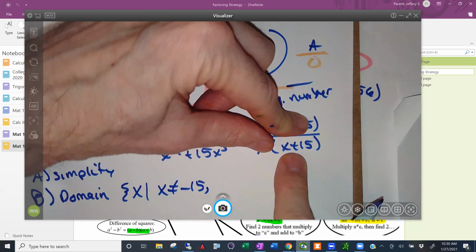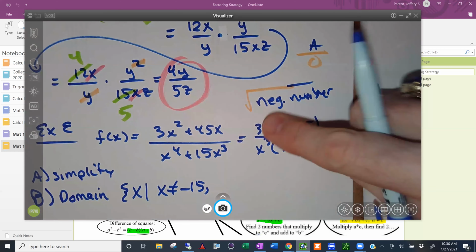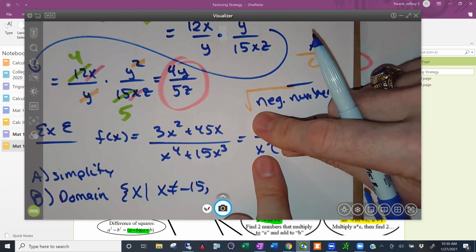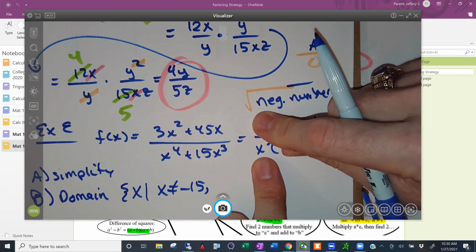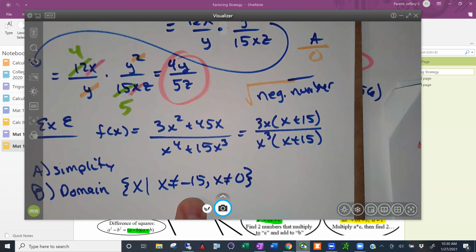You can't put in a negative 15 here and have things work. Is there another value that would give me a 0 in this denominator? Another value for x? Would it be 0? 0. So x can't be negative 15 and x can't be 0. Those are the values that you would have to avoid.